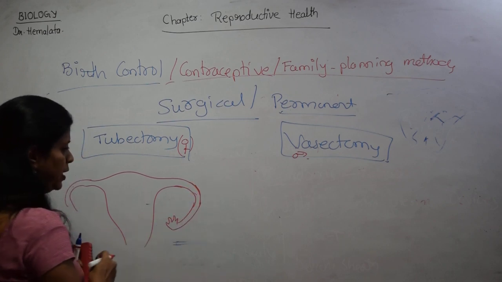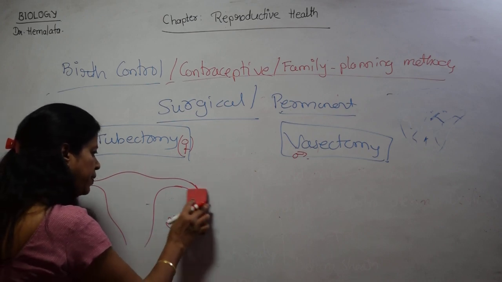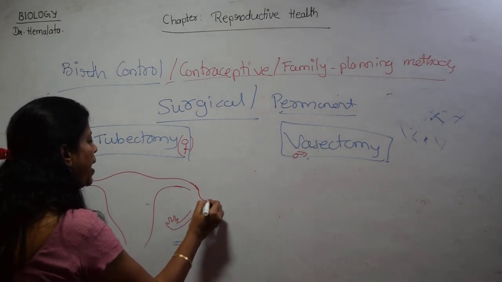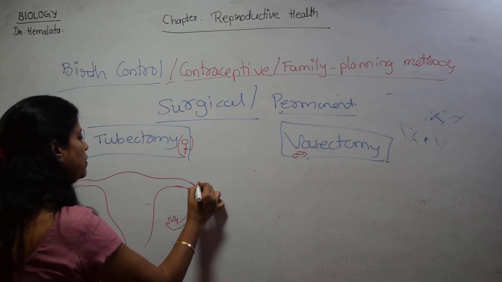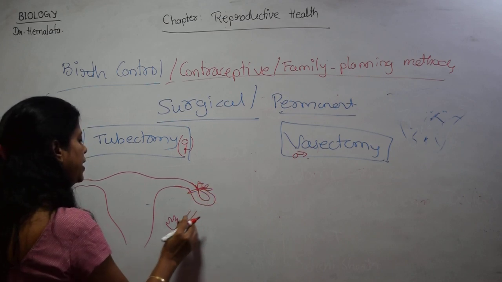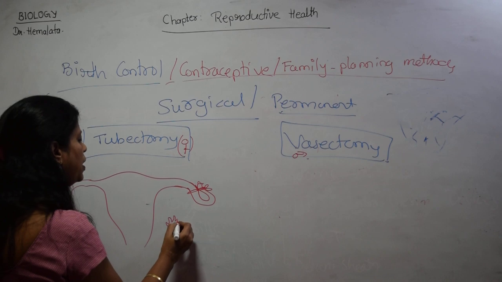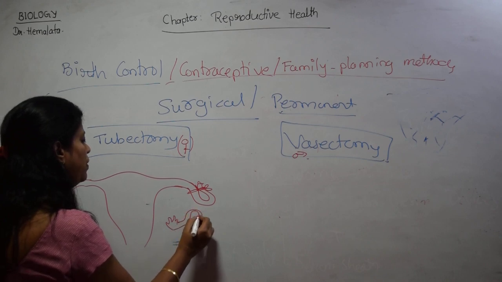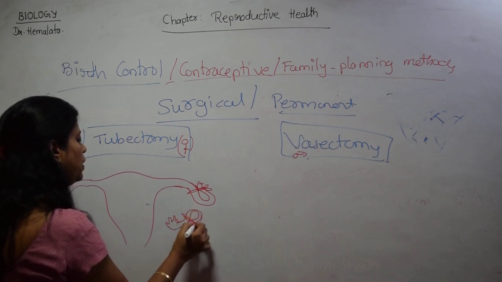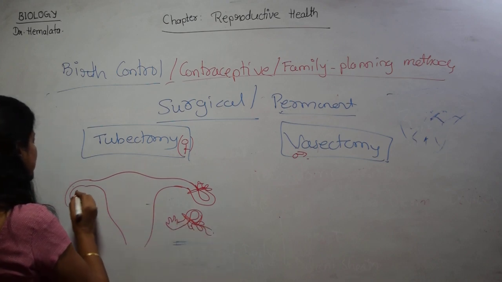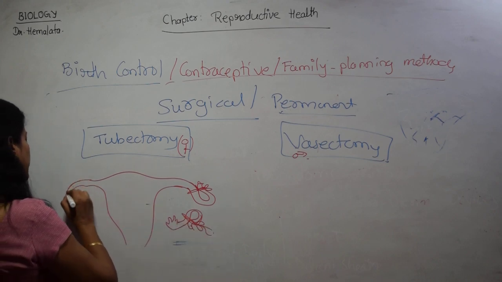They will cut it in between and tie it back. They will not cut and remove it totally. They cut and tie the fallopian tube on both sides.